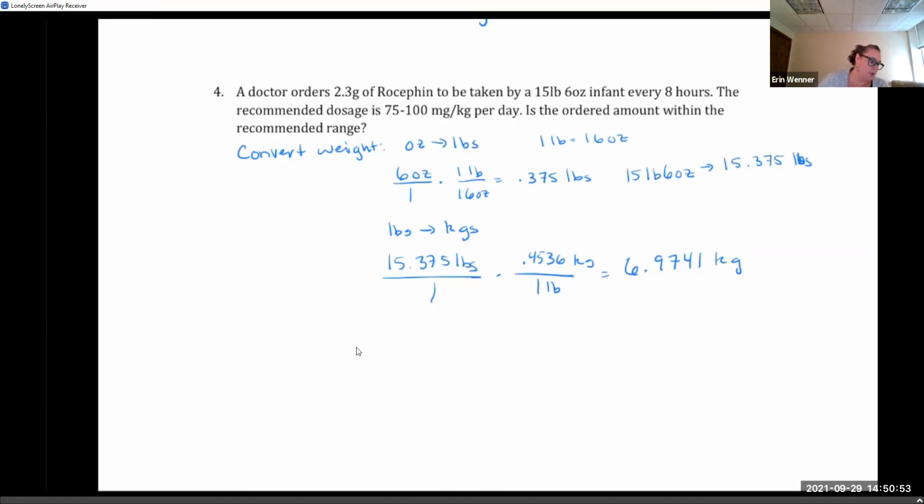So now we need to convert the grams to milligrams. The order is that we have 2.3 grams every 8 hours.